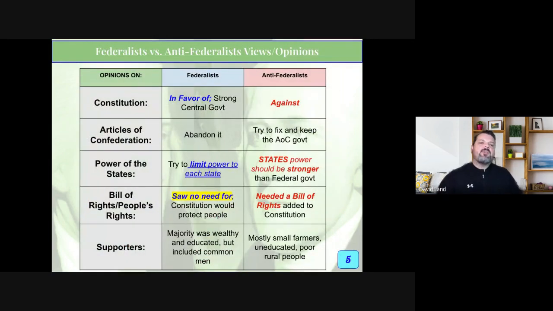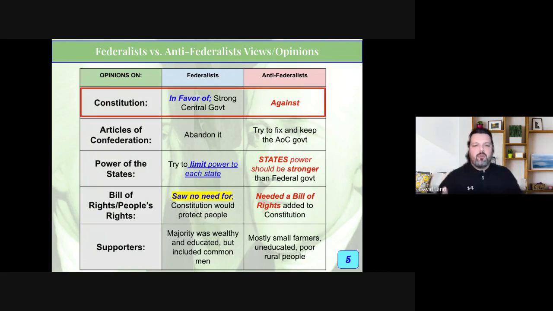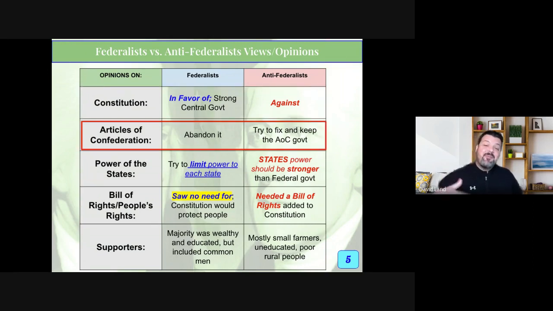Now, this chart here is going to become really handy-dandy because we're going to see the core beliefs of the two sides. So let's review those sides and you get those answers on your chart. So Federalists obviously are for a strong central government, meaning that they're for the Constitution. Anti-Federalist means against. Let's look at some other differences in their belief system. So the AOC, the Federalists didn't like it. They wanted to get rid of it because it was weak.